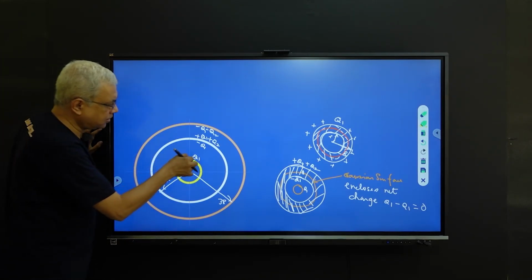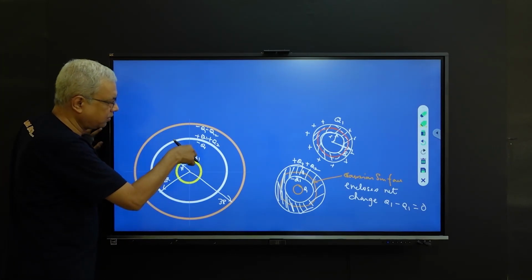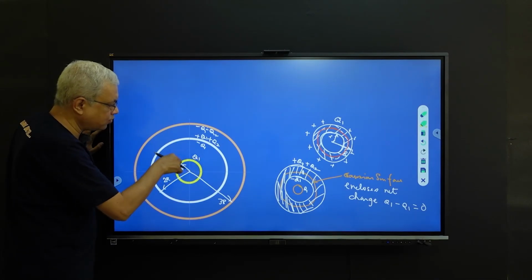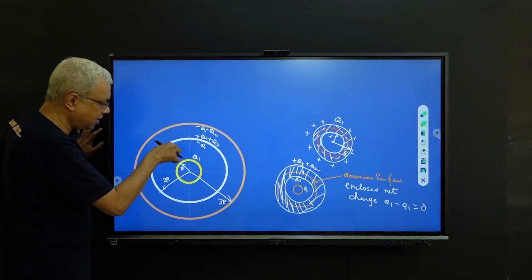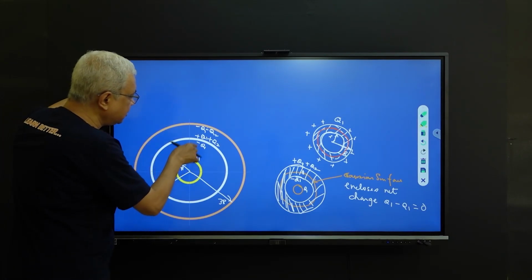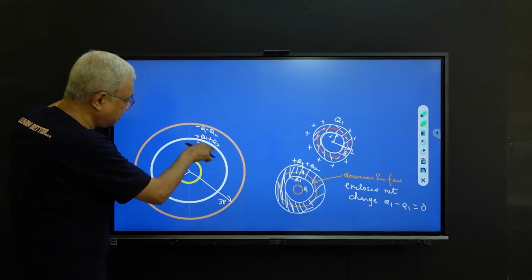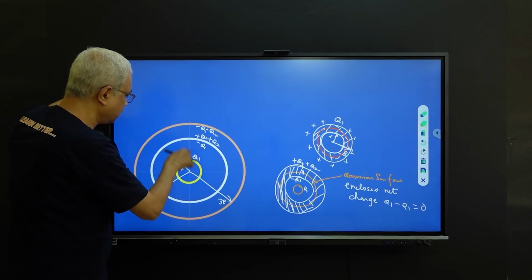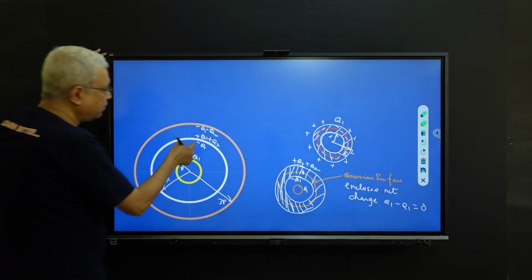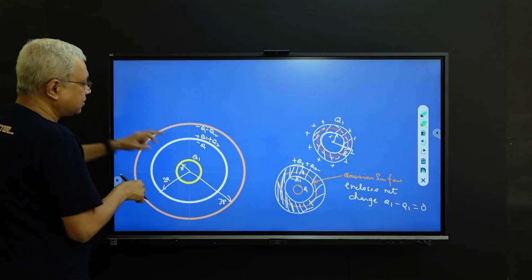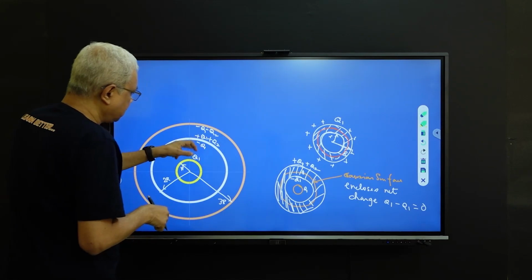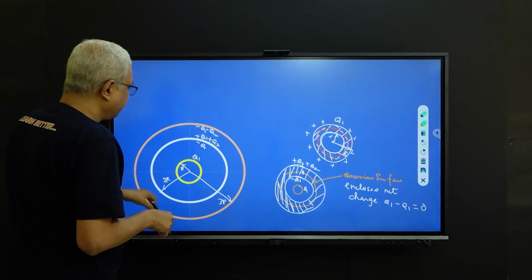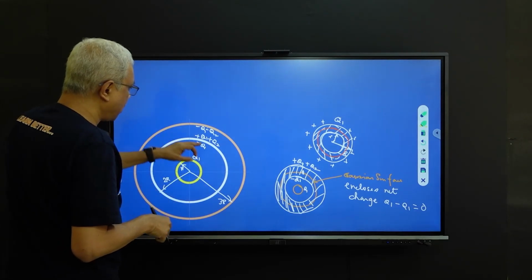So we started with the inner sphere, we gave a charge q1 and the entire charge resides on the outer surface of the inner spherical shell. This induces a negative q1 charge on the inner surface of the spherical shell of radius 2r, and there will be an additional plus q1 charge, free charge, on the outer surface of the shell of radius 2r.